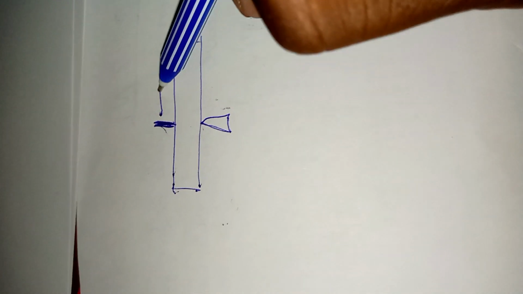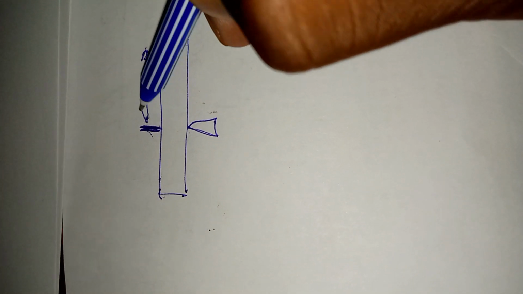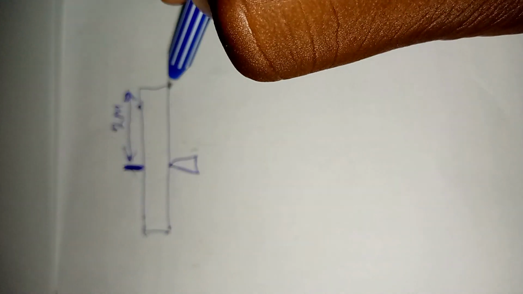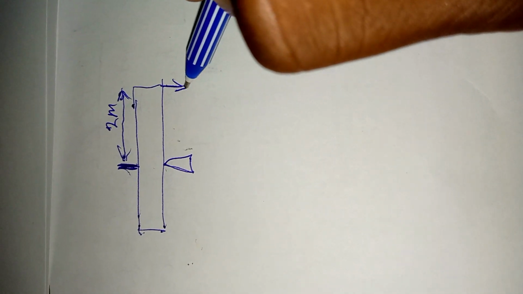Maybe they will give you like this. This is our pivot, mind you. This is the line where the pivot is. So we have our distance, maybe it's 2 meters. And we also have a force, maybe it's 4 Newton.